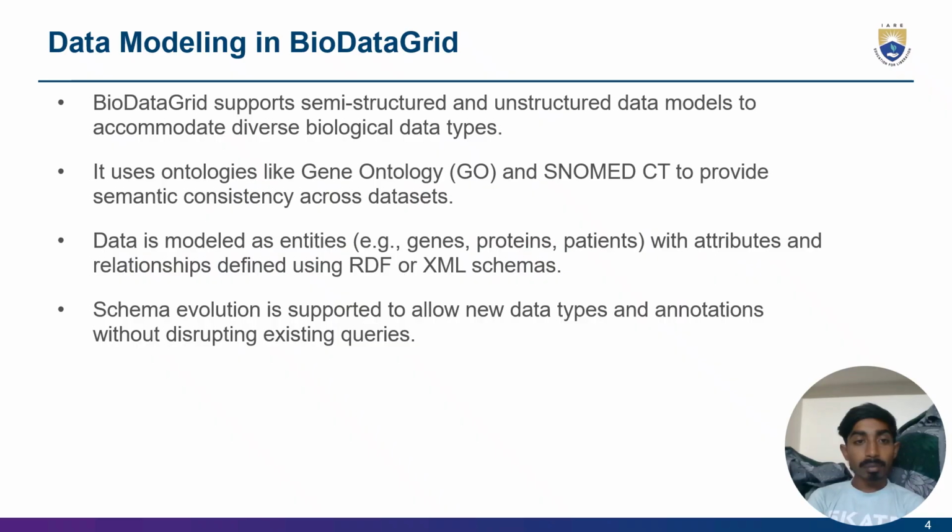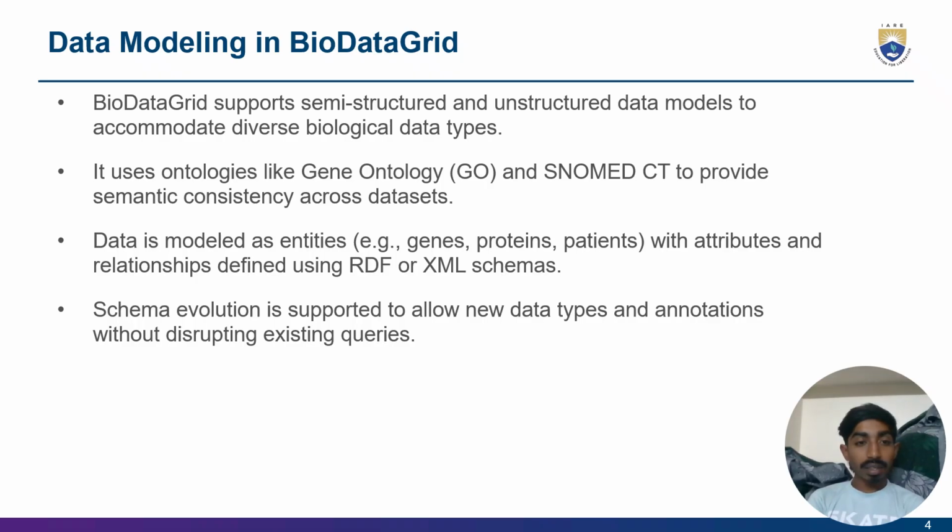Data modeling in BioData Grid. BioData Grid supports semi-structured and unstructured data models to accommodate diverse biological data types. It uses ontologies like Gene Ontology and SNOMED CT to provide semantic consistency across datasets.